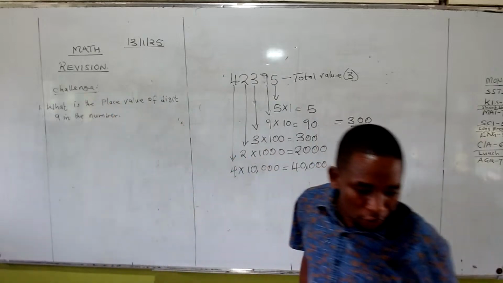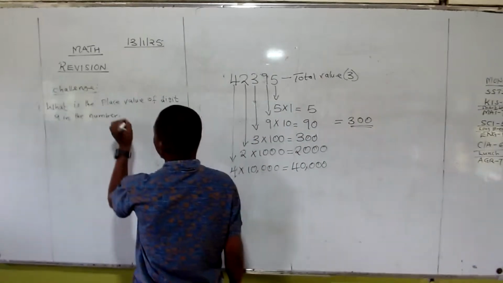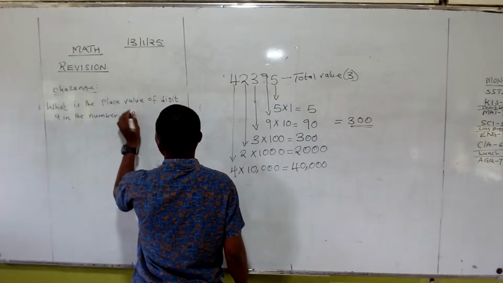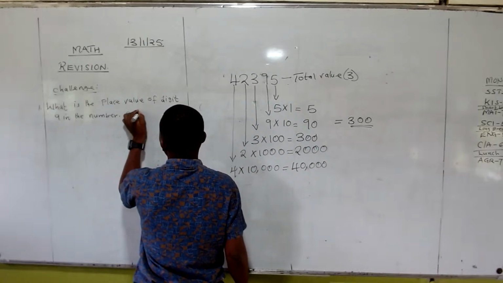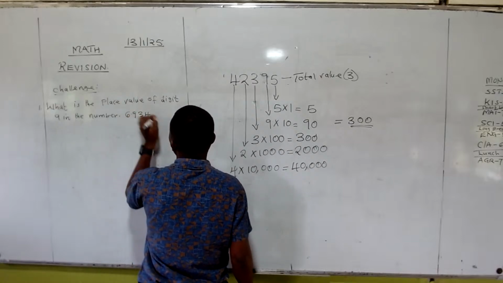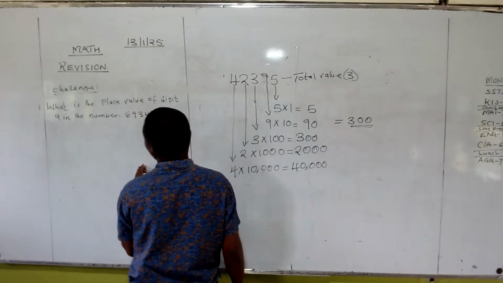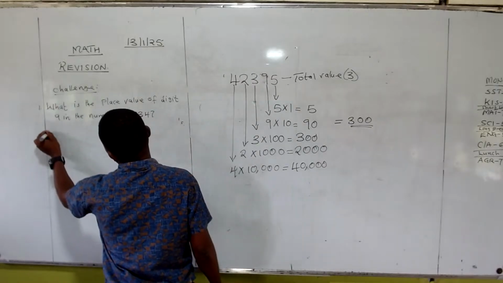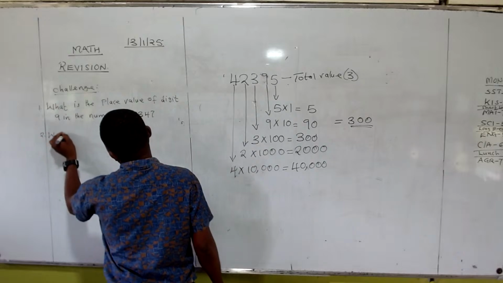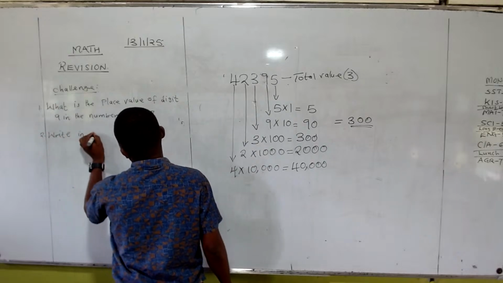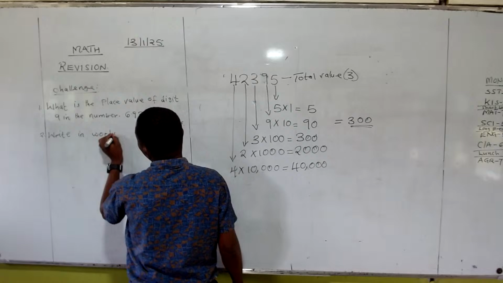What is the total value, place value of digit 9 in the number? Your handwriting matters here.